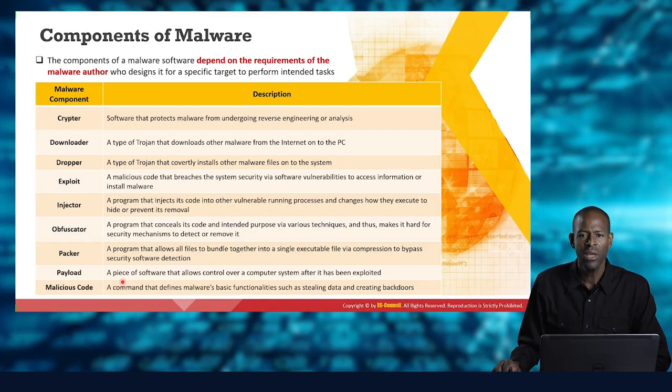Then there's the payload. The payload and the exploit work together. The payload allows control over a computer that's been exploited. So we run the exploit, the payload is delivered, and once the payload is delivered, that allows us as attackers to do whatever we want.